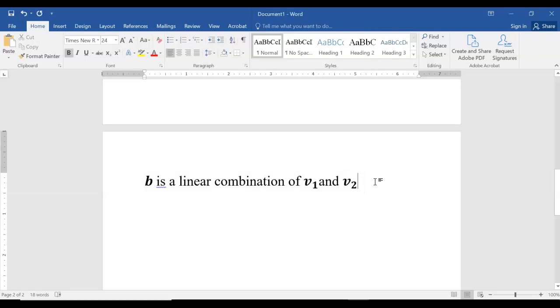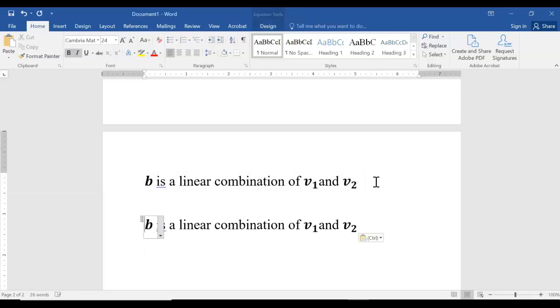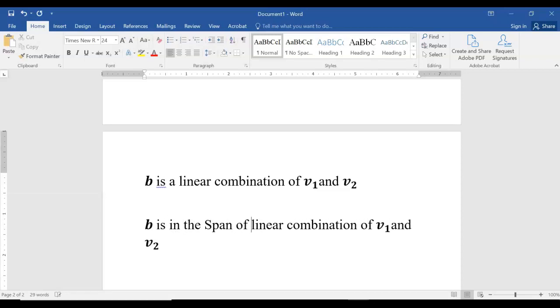And another way to write that is B is in the span of those two vectors. You can write it either way. They mean the same thing. B is a linear combination of those two, or B is in the span.